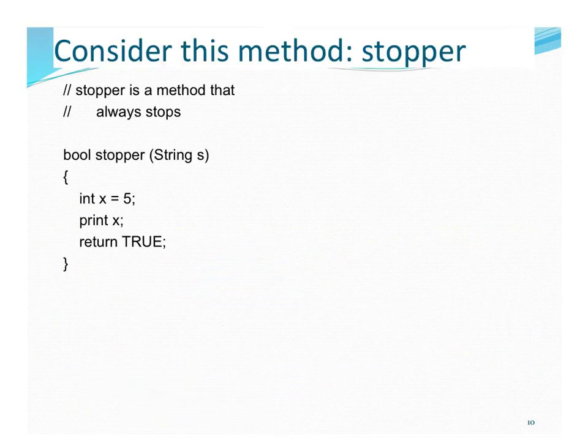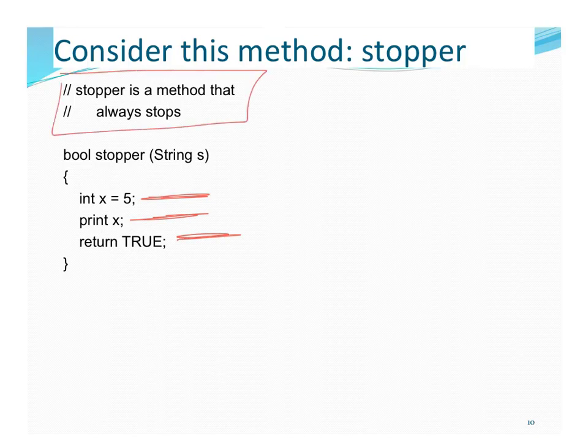So for example, let's take a look at this method called stopper, right? Stopper takes a single string, and for no apparent reason makes a new variable x, assigns it 5, prints it, and then returns true. Great. So stopper is a method that always stops.